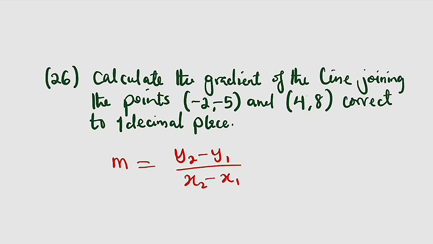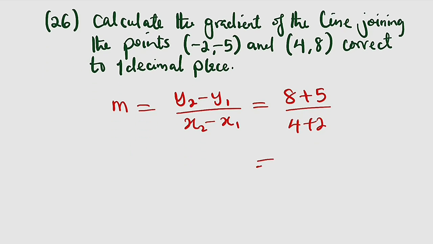All right, so let's assume this is our y2. We take it and subtract y1. That would be 8 minus negative 5, which is 8 plus 5, right? So this is 8 plus 5 divided by 4 minus negative 2, which is the same thing as 4 plus 2.